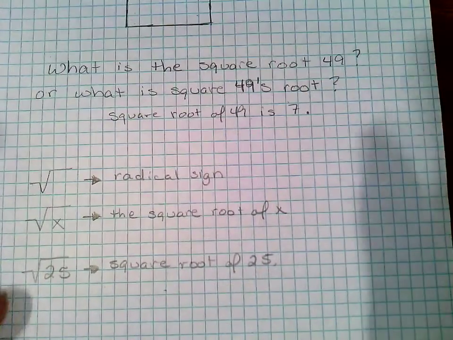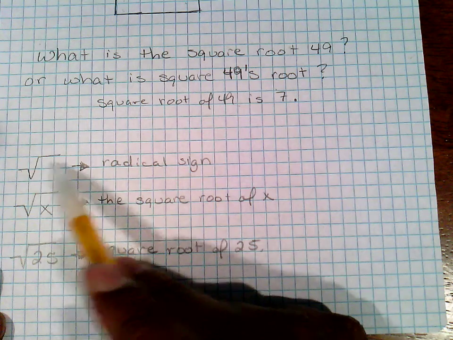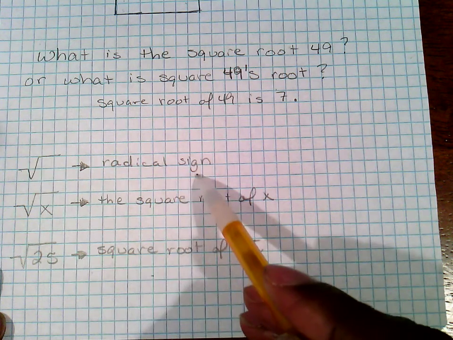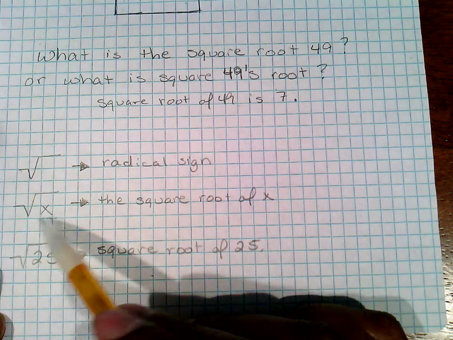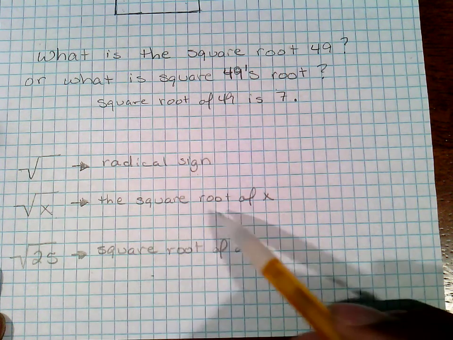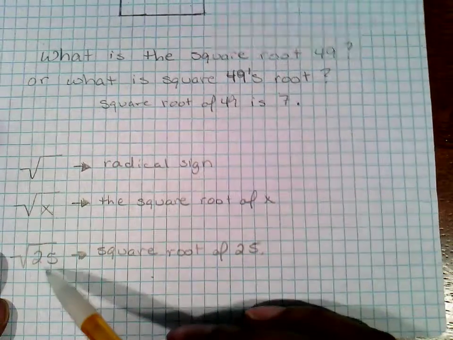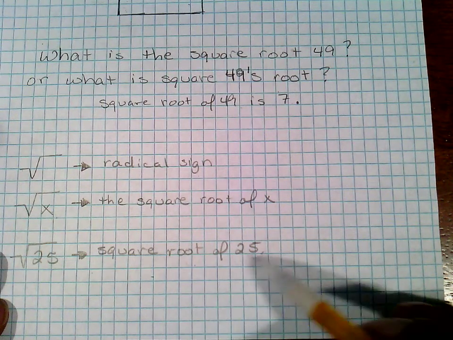A couple of symbols to recognize here. This little symbol here is what we call the radical sign. When we place a number inside of the radical sign, say here with the x on the inside, we call it the square root of x. If we put a number like 25 inside, that would mean the square root of 25.